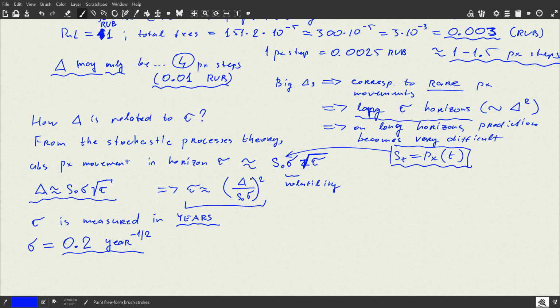So for example, suppose that we say delta equals, a very important question actually, how to set delta. As a very minimum, our delta should be greater than the fees. We already know that the value of our fees is going to be 1 or 1.5, for example, price steps.